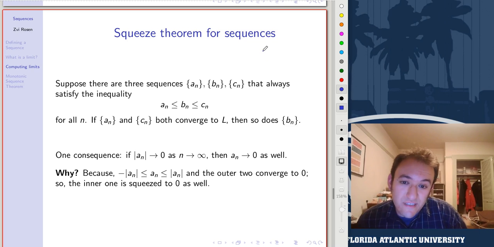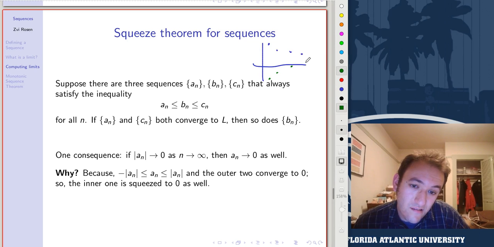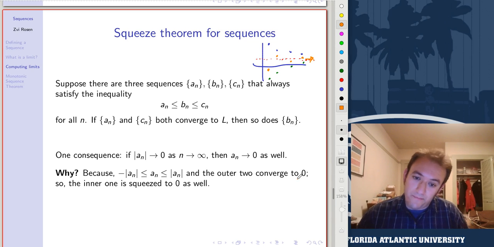And this is called the squeeze theorem, because if you have something like this and something like this, and they're both approaching the same limit, then anything in the middle is going to get squeezed to that limit as well. Okay? And that's why it's called the squeeze theorem.